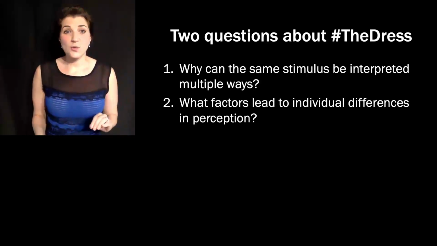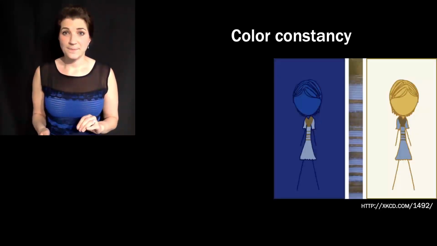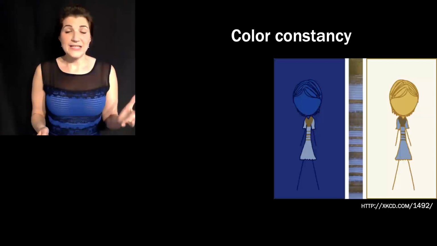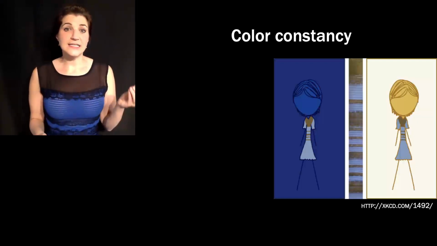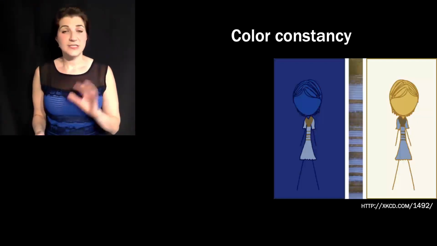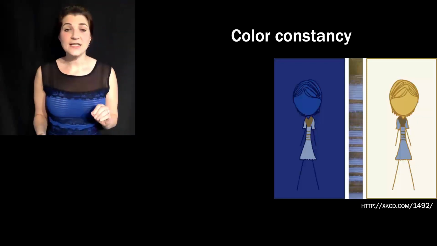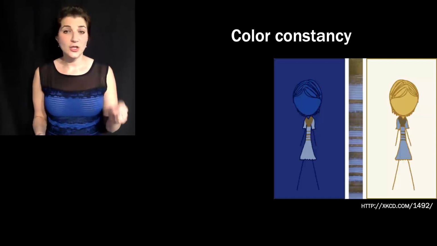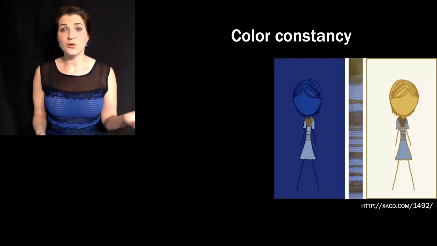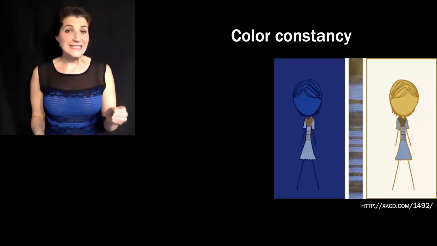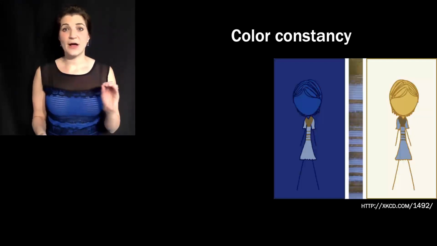All right, so to answer question one, we go back to color constancy. The fact is that the dress is, in point of fact, reflecting some short wavelength light. There is a thing about it that is bluish. Now, if we were to attribute the presence of those short wavelengths to the illumination, if you assume it is in blue light, then the blue that you see isn't about the dress, it's about the light.